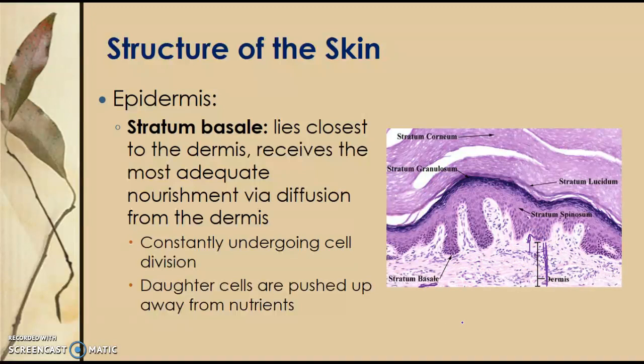It's constantly undergoing cell division, so you're going through mitosis, creating more and more cells. And as you create more and more cells, the older cells get pushed up to the top. It's kind of interesting to think about: your stratum corneum cells up here were once actually down here in the stratum basale. And as we keep on dividing and dividing, those cells get pushed up.